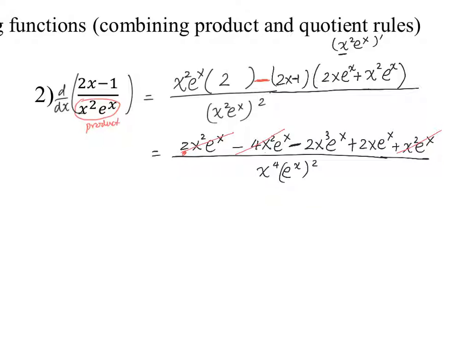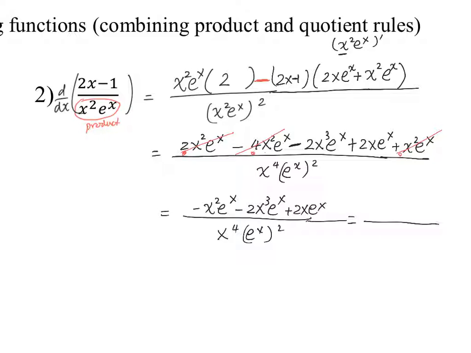This is 2, this is -4, we get -2, -2 plus 1 is -1. So we have -1x squared e to the x. And that's pretty much it. We cannot cancel any other terms. So x to the fourth e to the x squared.